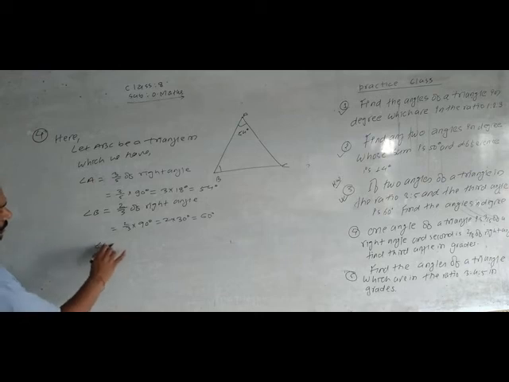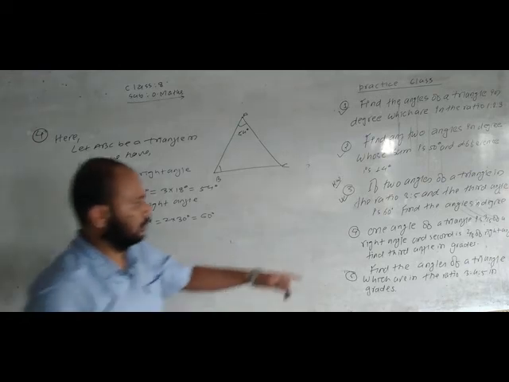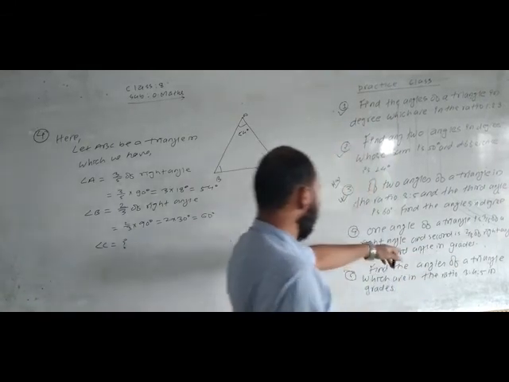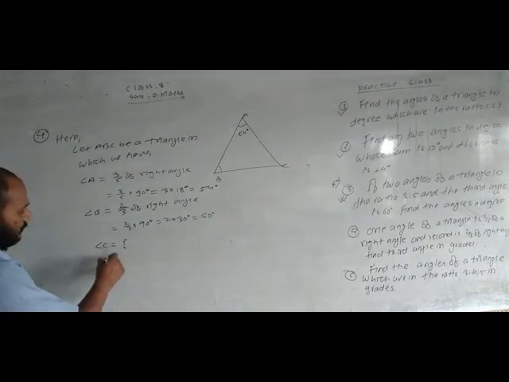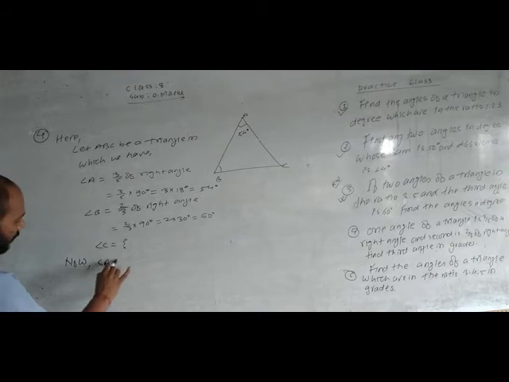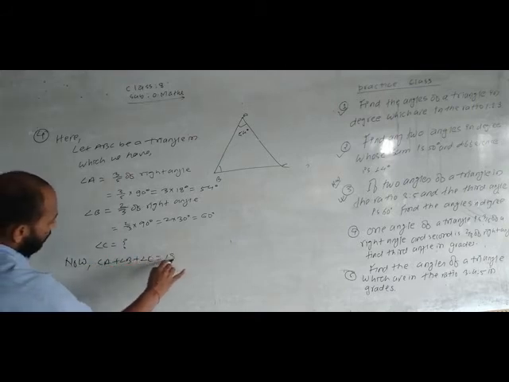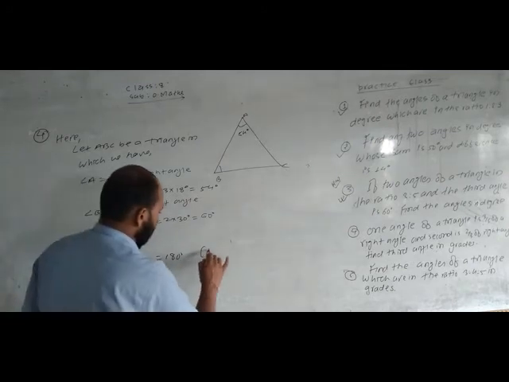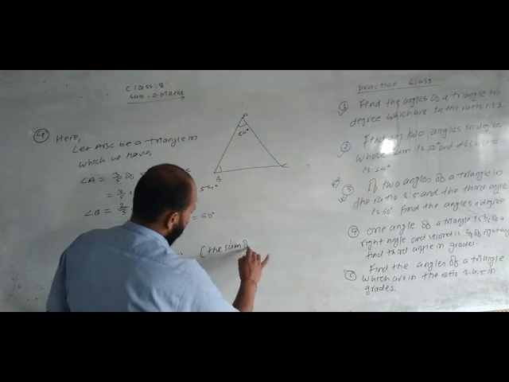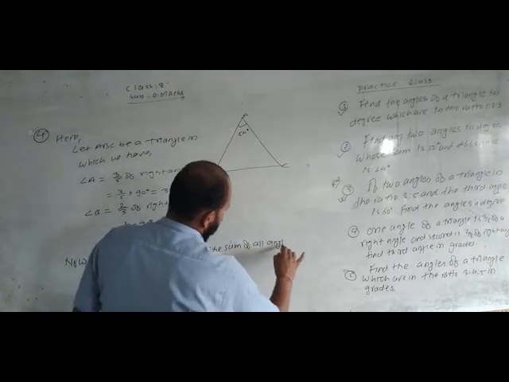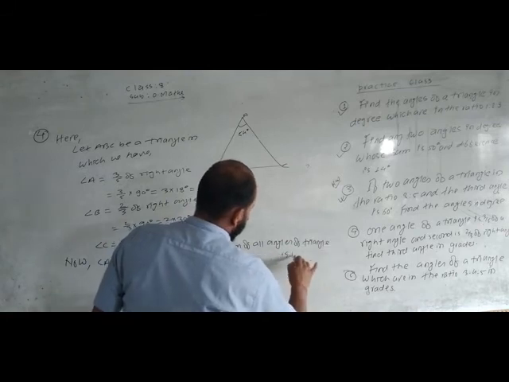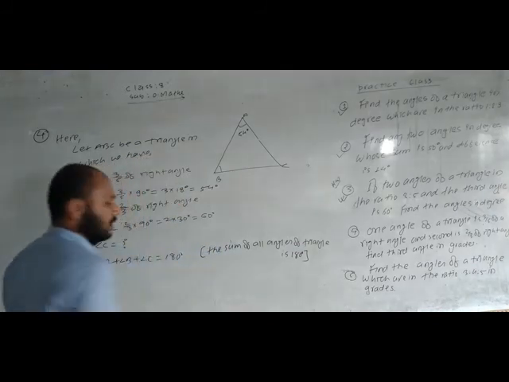And your question says find the third angle in the grades. Angle C is equal to what? Now you know that angle A plus angle B plus angle C is equal to what? 180 degree. You know the sum of all angles of a triangle is 180 degree.